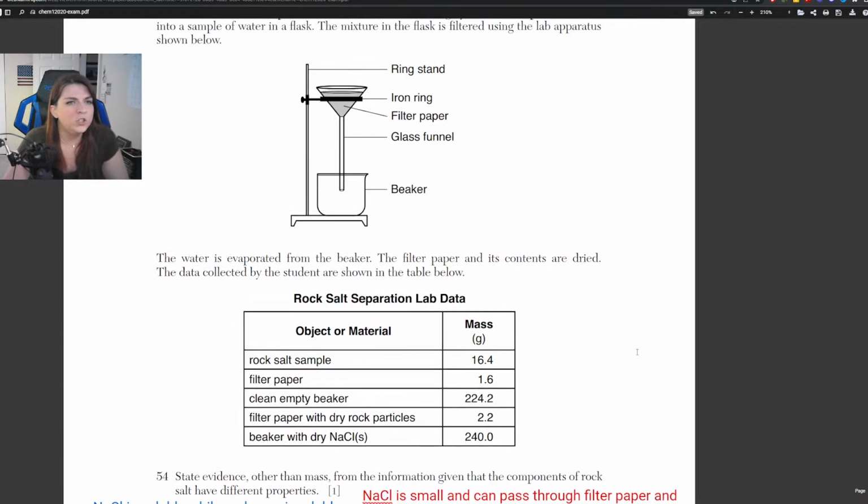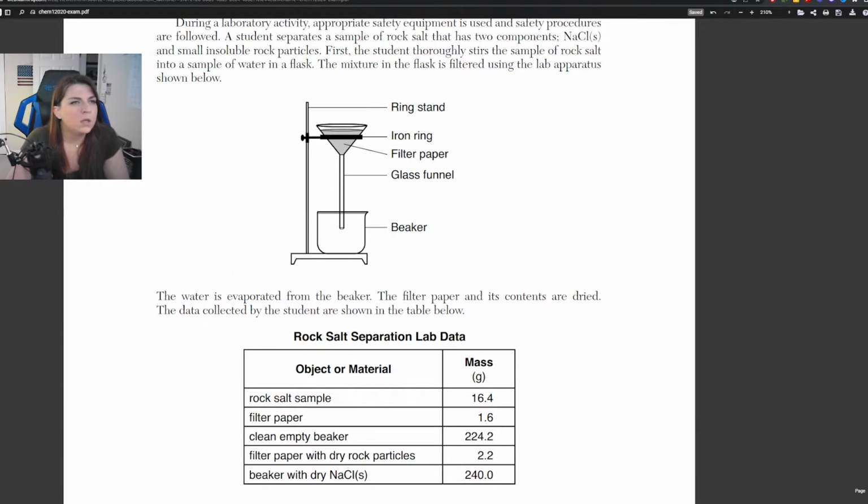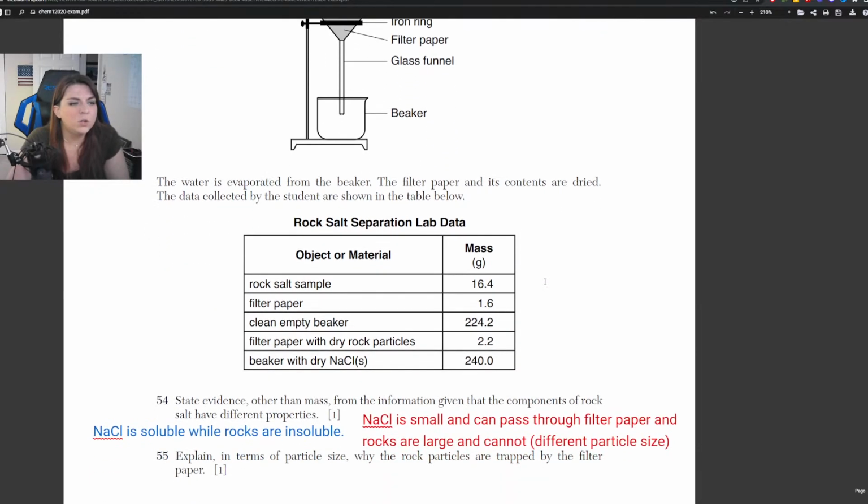I think those are the only two options. Stirs the rock salt and sample of water in a flask. Yeah, so they're separated. The physical properties that are used to separate them are solubility and particle size, because stuff can get through a filter paper based on particle size.